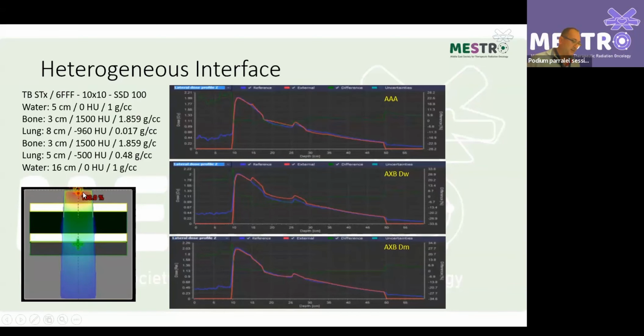Another geometry here is water, bone, lung, very low density, lung, bone, lung, very low density, bone, and lung, low density, and water. So I calculate the PDD in Eclipse, I simulate that with Primo, and the simulation result shows an excellent agreement between the Primo Monte Carlo code and Acuros dose to medium, as well as with AAA, but not with Acuros dose to water.